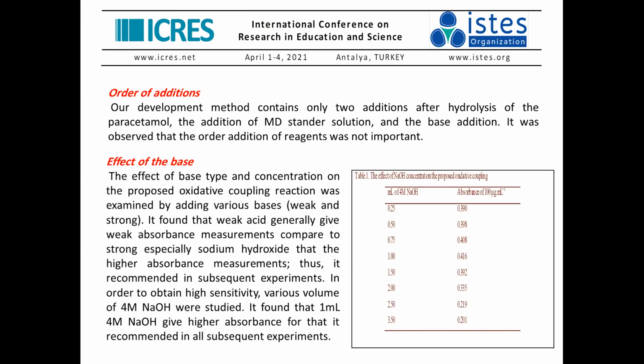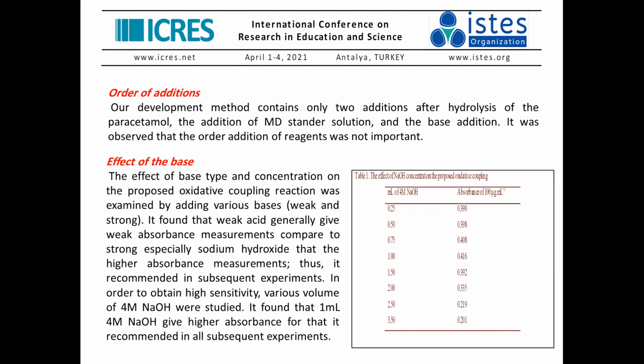As you know, there are different types of base, and we studied the effect of different types, weak bases and strong bases. We found that the strong base gives better results. Therefore, we are using NaOH, sodium hydroxide, as the base, and then we moved to study the amount of base that we add.